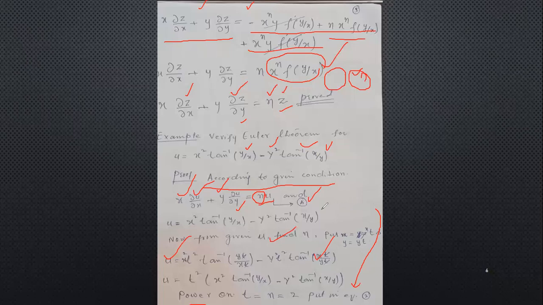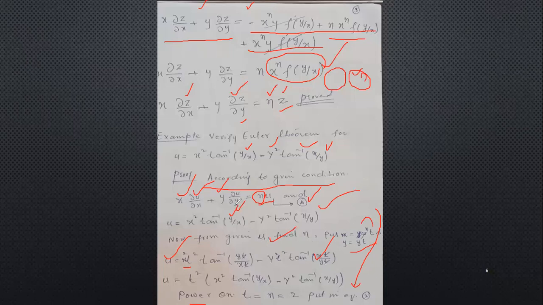So in the given condition, now we substitute x is equal to xt and y is equal to yt. When we substitute x is equal to xt, we get x square into t square.